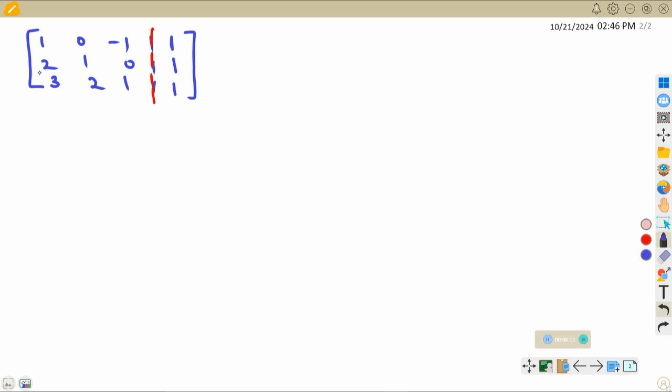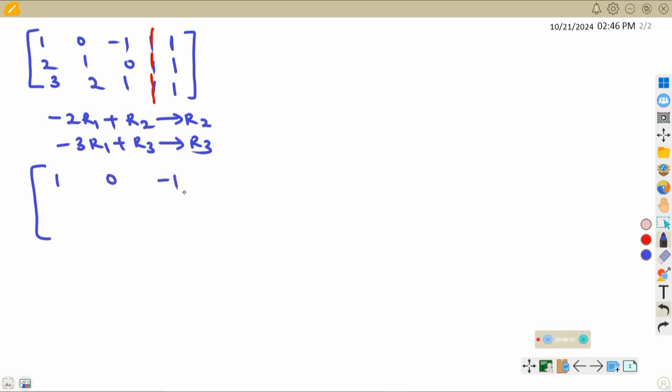If we want to eliminate this, we shall apply negative 2 row 1 plus row 2 to give us row 2. Still we can apply negative 3 row 1 plus row 3 to give us row 3. So here we are maintaining 1, 0, negative 1, and 1 constant.